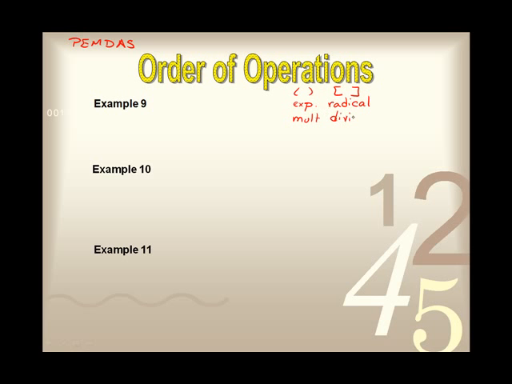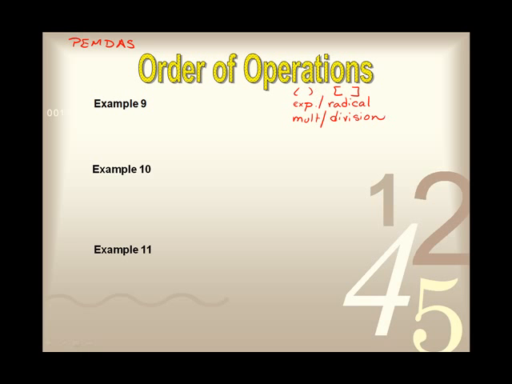Just because the M is first, that doesn't mean that you get to multiply first before you divide. Remember, you decide this by working left to right. So if the division comes first, you do the division and then you multiply.